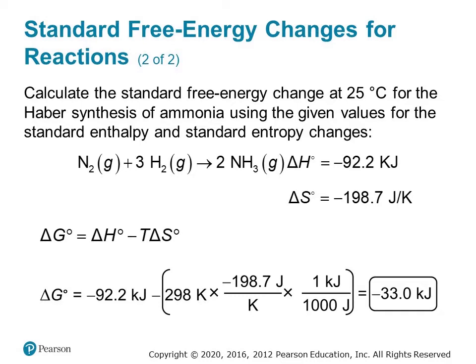Plugging these into the equation for delta G standard and converting 25 degrees Celsius to 298 Kelvin, as well as accounting for the fact that delta S uses units of joules per Kelvin, while delta H is in kilojoules, we arrive at an answer of negative 33.0 kilojoules. Since this value of delta G standard is negative, it indicates that the reaction as written is spontaneous at standard thermodynamic conditions in the forward direction.